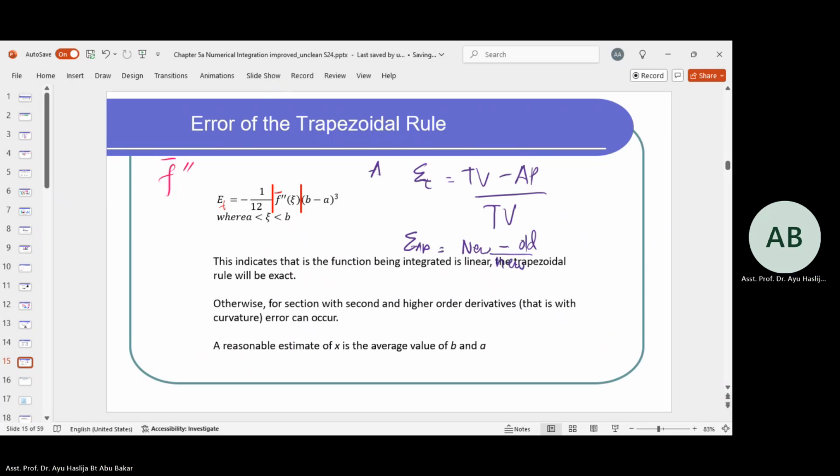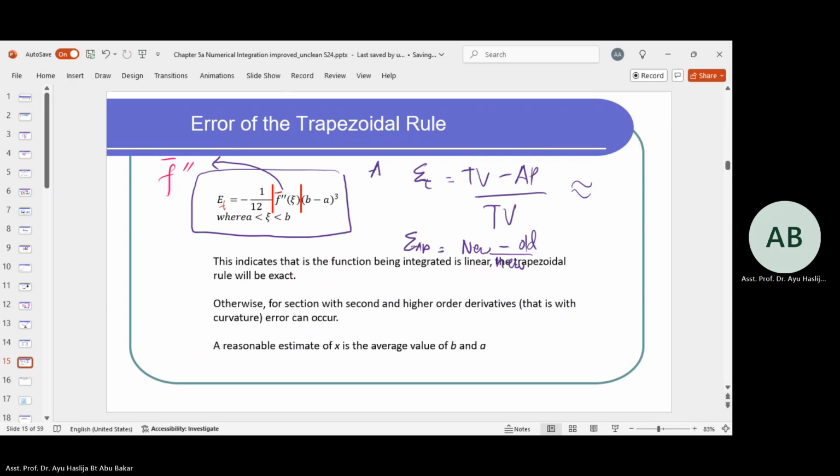Just don't focus on this part because you need to do double differentiation of the function. It is a long way. You can see the details in your textbook. But eventually, the final answer is quite close to this equation as well.